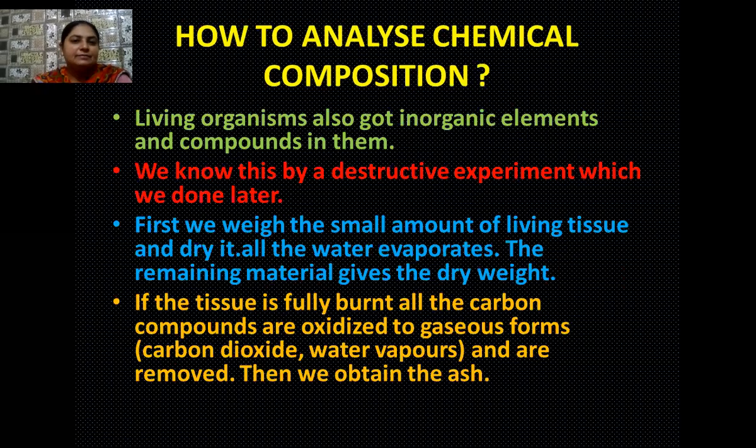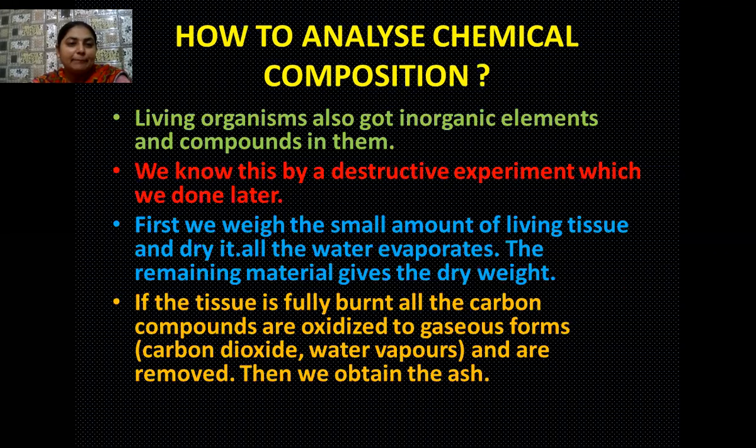Okay, students. Now, these living organisms also contain certain inorganic elements and compounds besides the organic elements and compounds. For this analysis, we do a destructive type of experiment. For this purpose, we weigh a small amount of the living tissue and then we dry it.